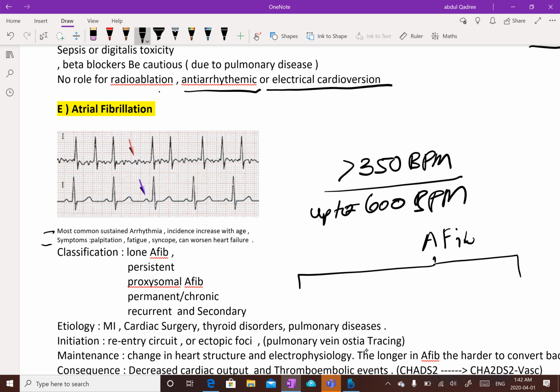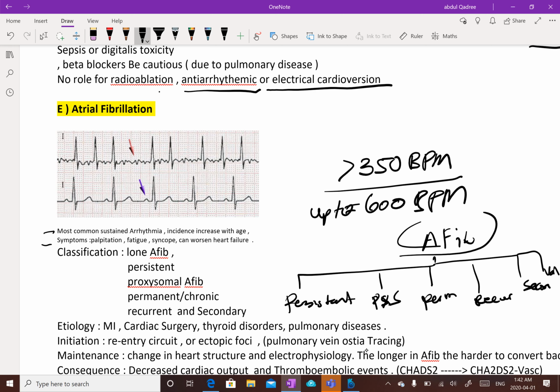We have persistent, we have paroxysmal, we have permanent, and we have recurrent, and we have secondary. And sometimes we can even have valvular. So that's an important thing. This is the types of AFib.